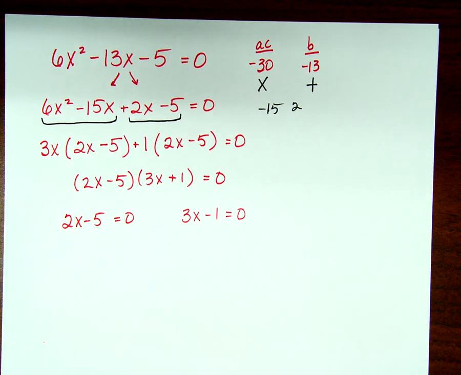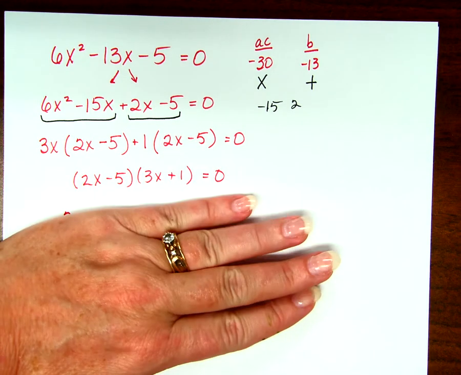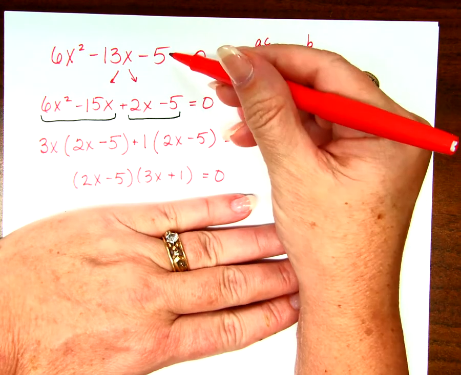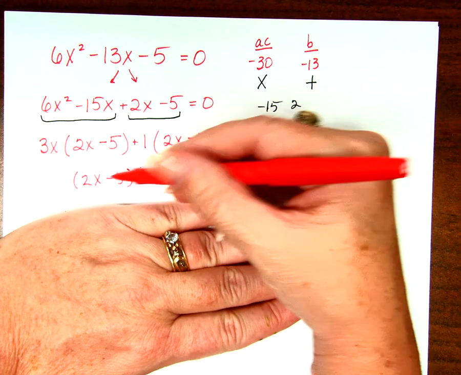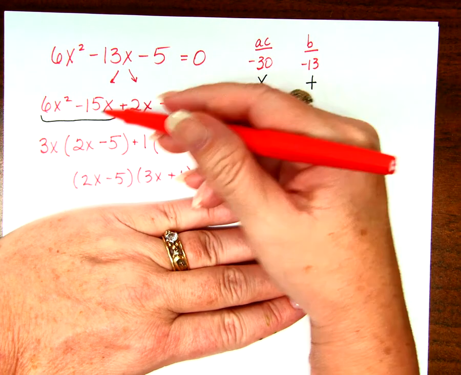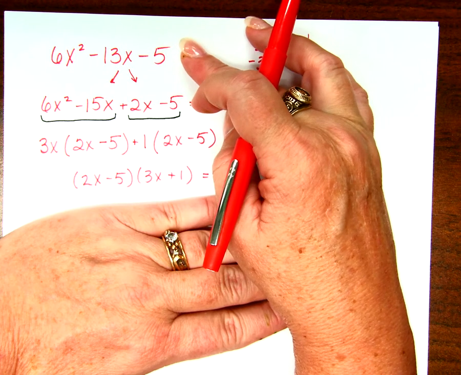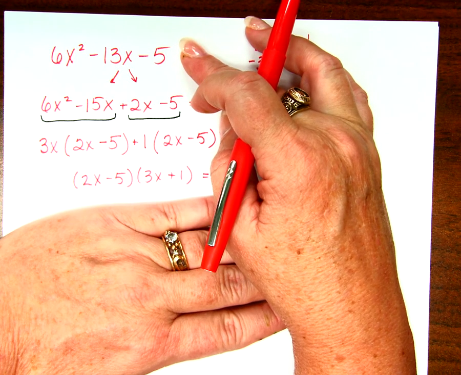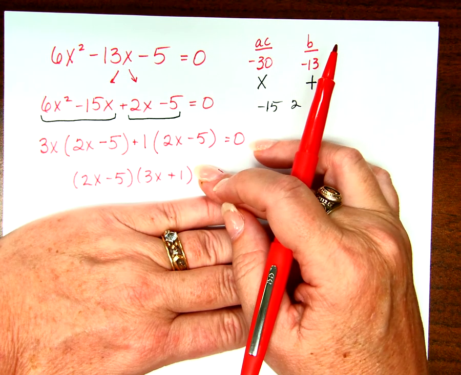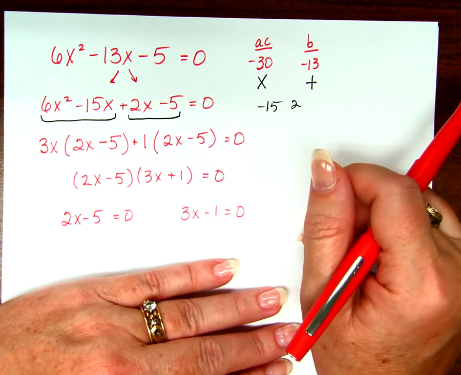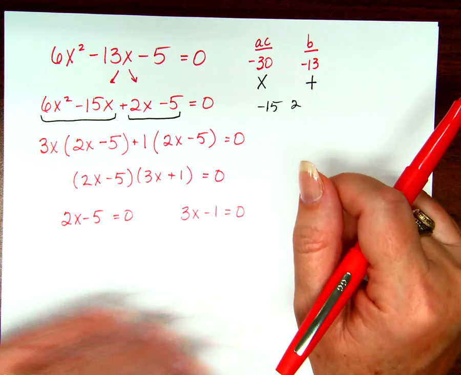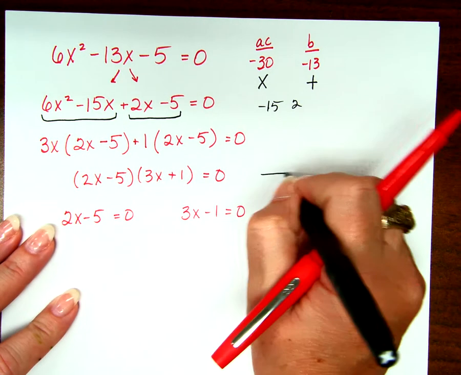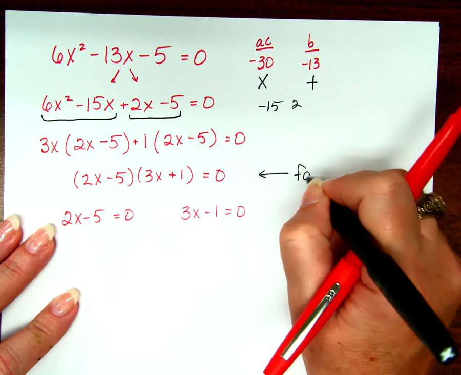Okay? Now this is kind of where you have to pay attention to what the directions are asking you. Because if it says factor the polynomial, you're finished right here. But chances are if it said factor, it wouldn't have this equal 0 on it. Right? If it says solve for the zeros, we have to keep going like we are right here. Does that make sense? So this row right here are the factors.